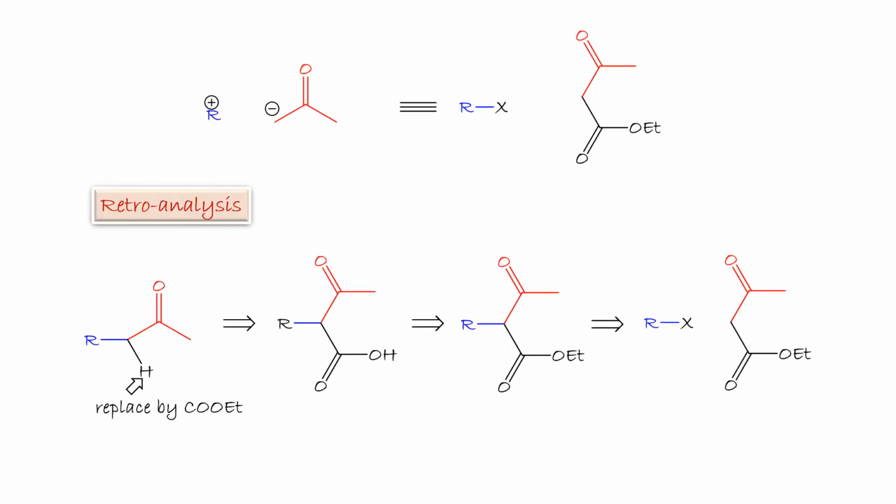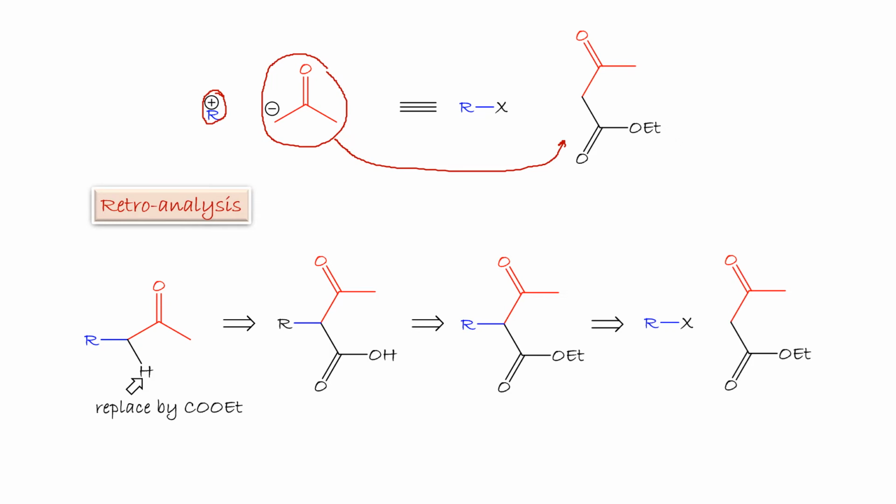Once again, the synthon R plus, and here is the enolate, CH2 minus, C double bond O, CH3. The synthetic equivalent for this species will be our ethyl acetoacetate.